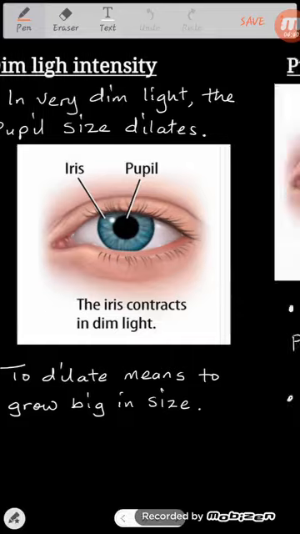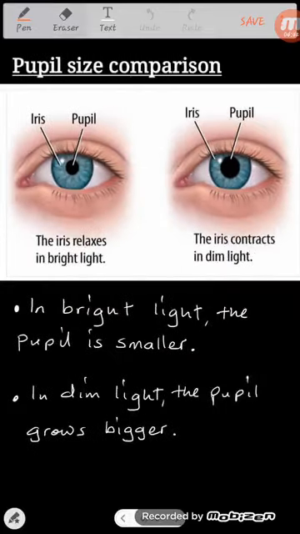So when we compare these things side to side, this is what you are going to see. On the left-hand side, when the light is very bright, you can see that the size of the pupil becomes smaller. The pupil contracts. Okay? But when the light is dim, the size of the pupil becomes wider.